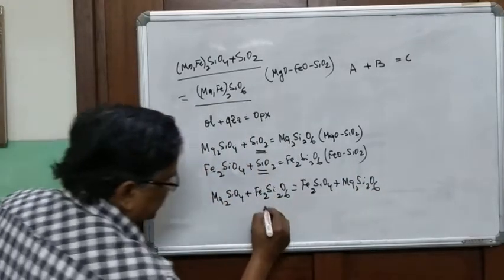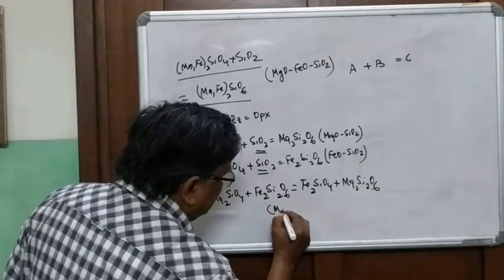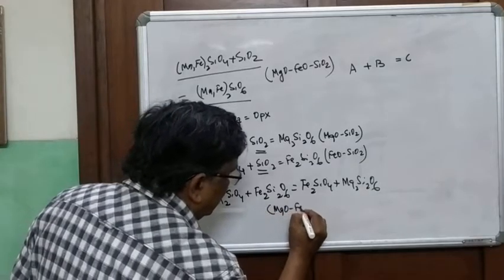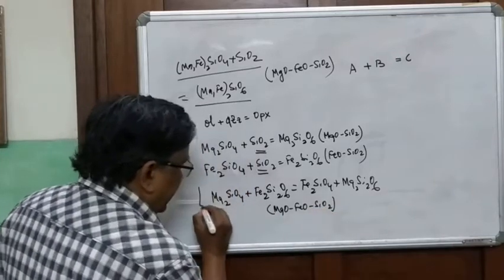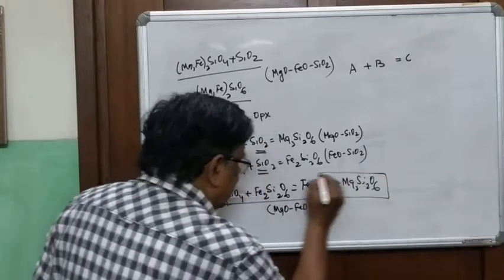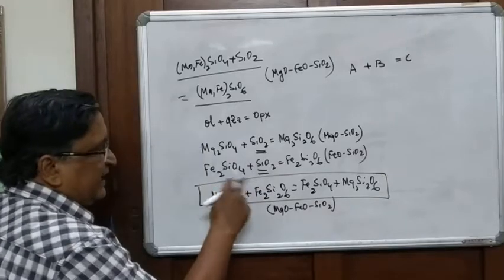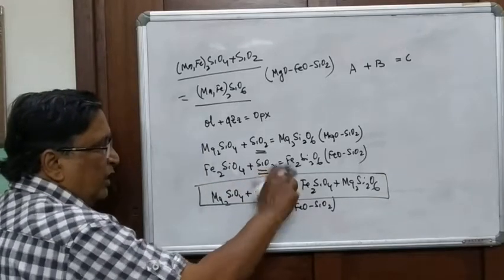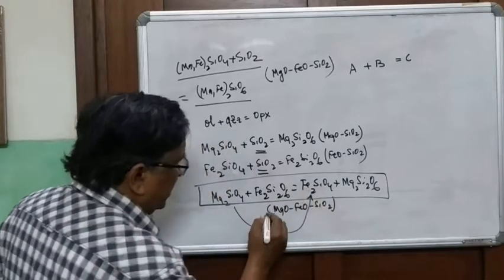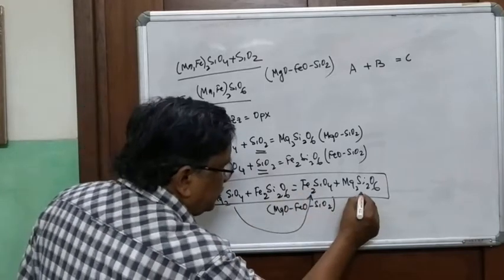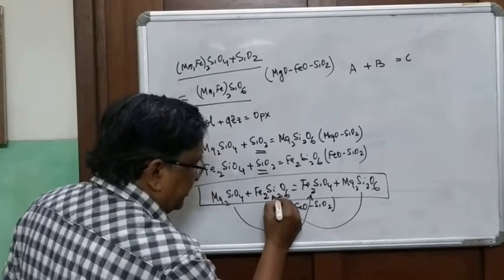Now this reaction is in the MgO-FeO-SiO2 system. But this is a reaction that involves exchange of magnesium and iron between olivine and orthopyroxene. Here you can see Mg2SiO4, Fe2SiO4, and here you have Mg2Si2O6, Fe2Si2O6.